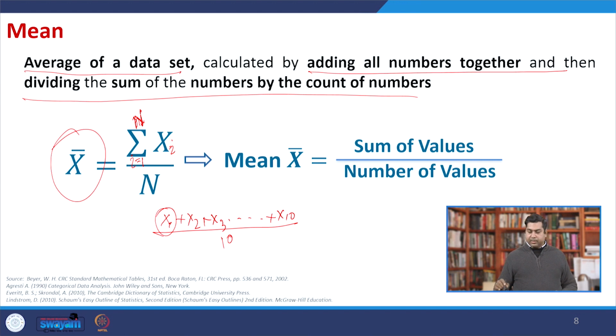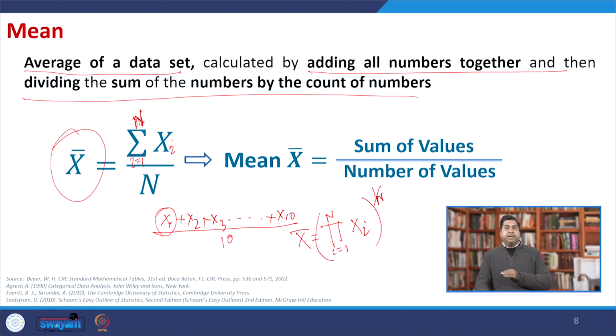Now, there is another alternative to this, which is called geometric mean. In geometric mean, it is calculated in a different manner. You have to make the product of all these values, and then you have to go for the nth root, if there are a total of n observations.